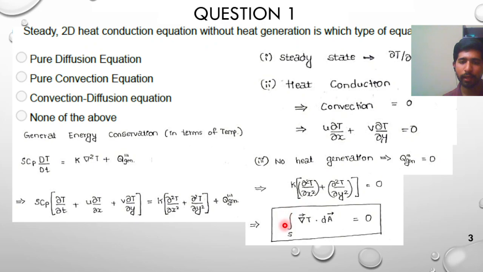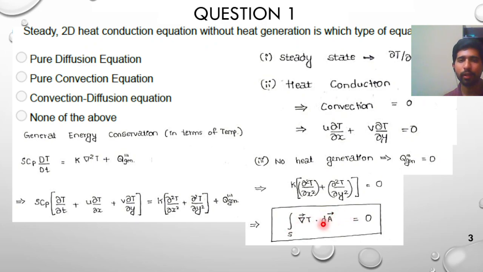Now if I apply the finite volume integral on this equation over the whole volume, and then apply the Gauss divergence theorem, which I have skipped here but explained previously, I will end up with this equation. This typically resembles the gradient of your temperature phi over the area integral.